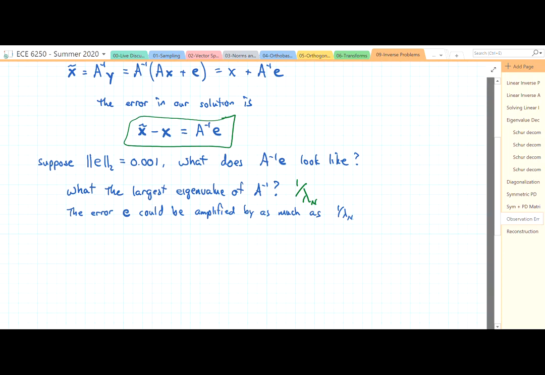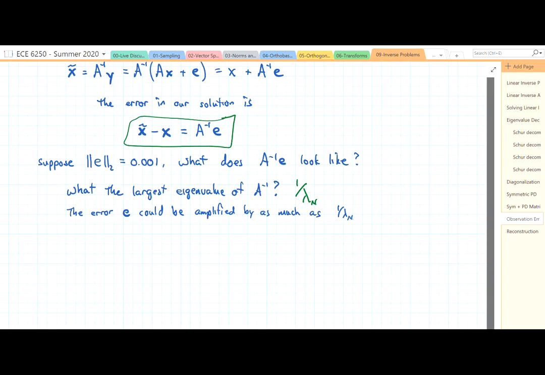So here's another question to think about. Is it possible that the error E is completely in the null space of A inverse? Well, the answer is no. There's no A inverse that's going to kill E, because for that to be the case, A inverse would have to have a minimum eigenvalue of 0.